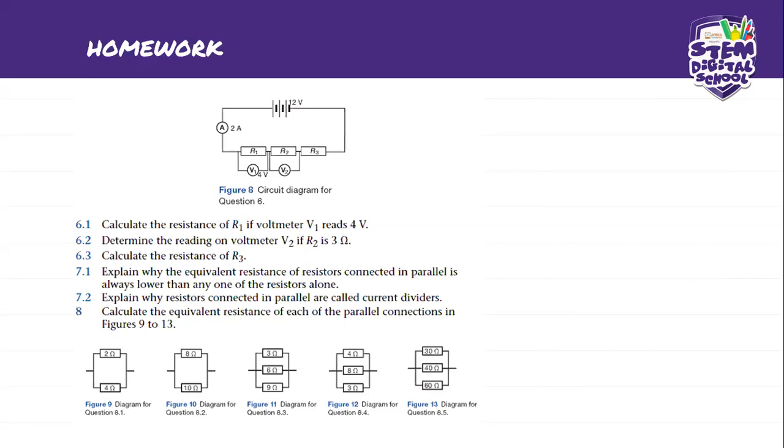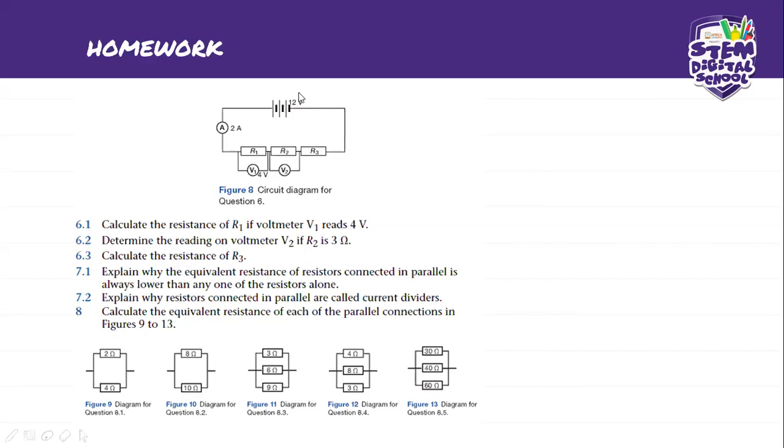So 6.3 says calculate the resistance of R3. There are many ways to find it. You can say V total, which is this 12 right here, is equal to V1 plus V2 plus V3, and we make V3 the subject of the formula.